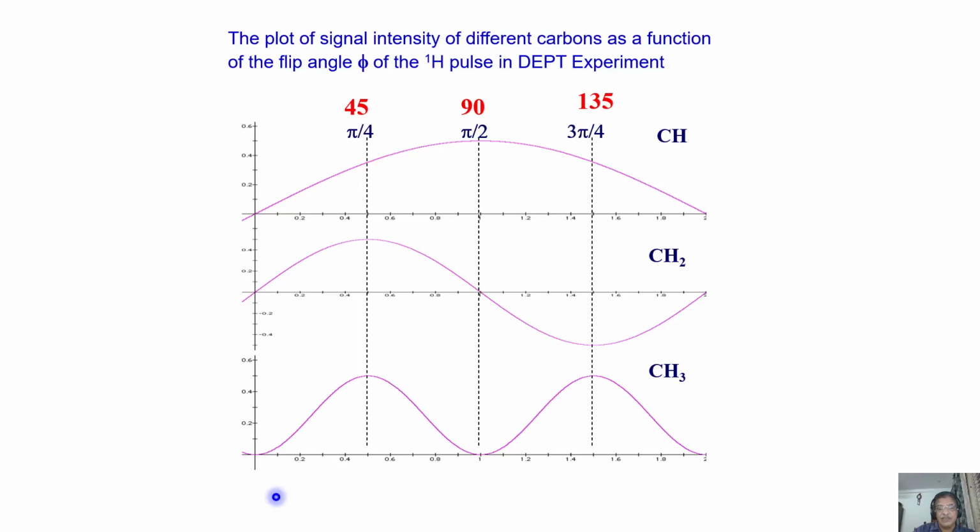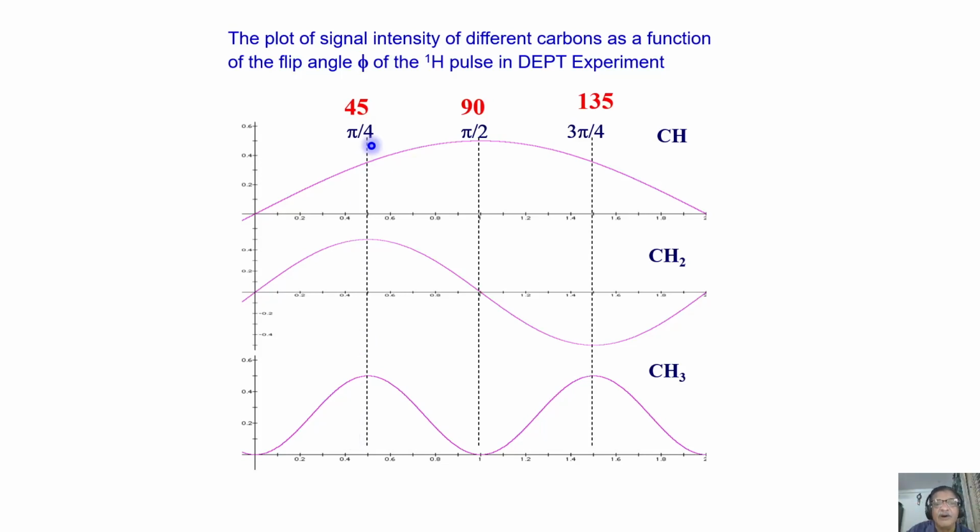Intensity is along the y axis, the flip angle is along the x axis. So now you see, at 45 degree, CH3 carbon, CH2 carbon and CH carbon, all of them have positive intensity. So if I do an experiment and take the spectrum with phi of 45 degree, I will see all the carbons, CH3, CH2, CH carbons, all with positive intensity.